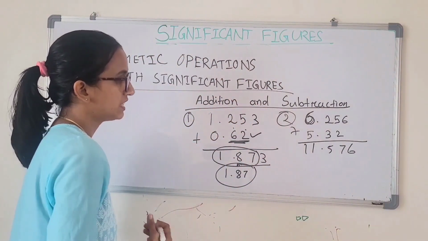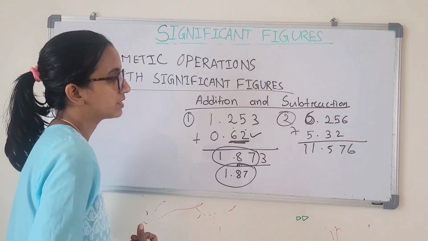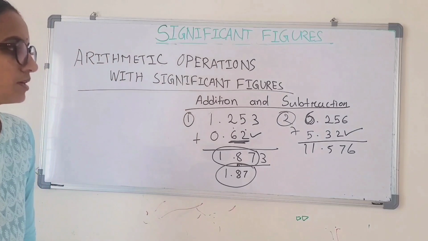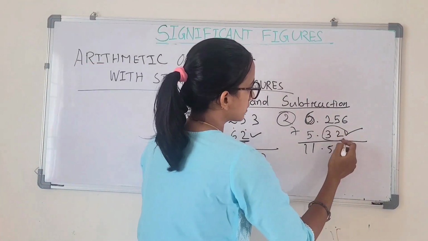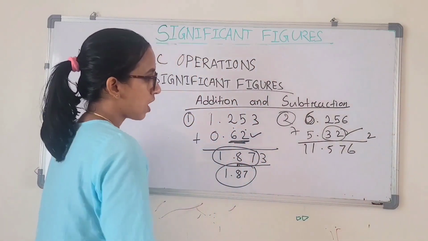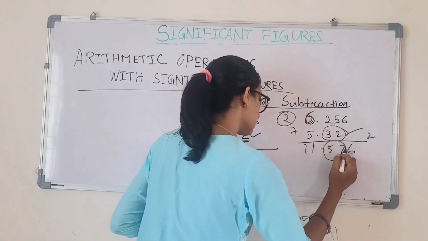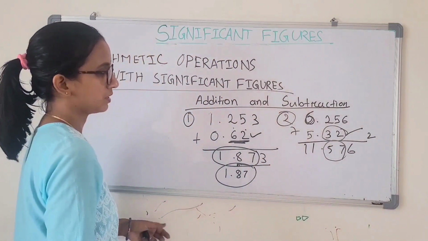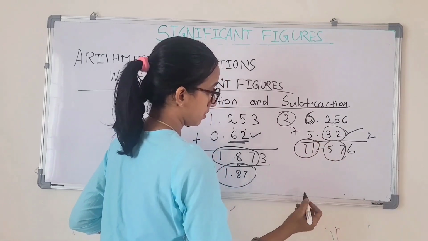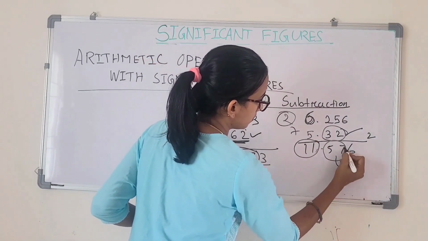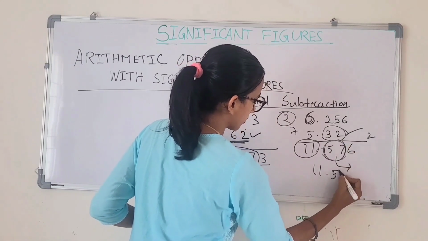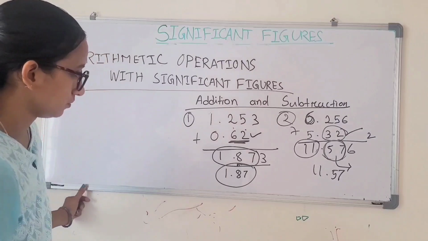What is the least number of significant digits after the decimal? 5.32 contains the least, which is 2 significant digits after the decimal. So our result will have 2 digits after the decimal. We will not think about the digits before the decimal point; we will think of the digits after it. So we will write 11.57. Okay.